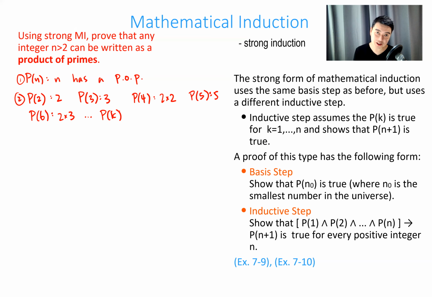But how do I show that given that I can get to some point k, I can also get to k+1? This is the main point of this proof. So here's my argument.